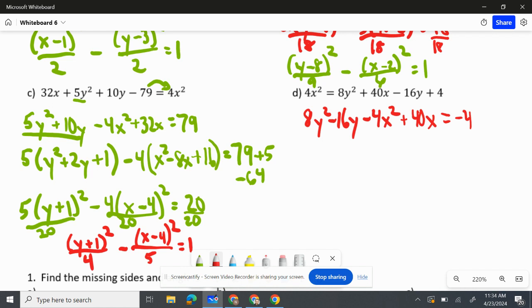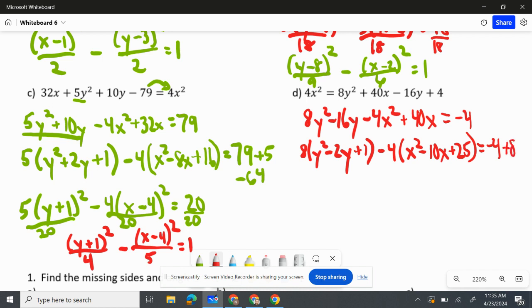Then I'm going to factor out an 8, and I get y squared minus 2y divided by 2 and squared, which is 1. Then I factor out a 4, and I get x squared minus 10x divided by 2 and squared, which is 25. That gives me negative 4. 8 times 1 gives me an 8. Negative 4 times 25 is negative 100.